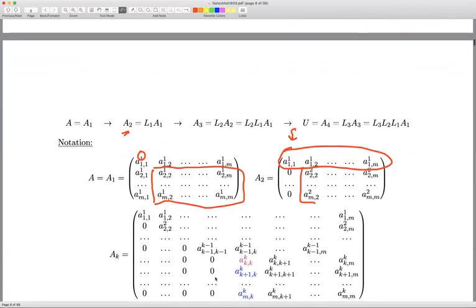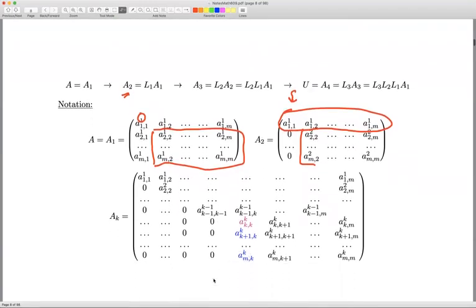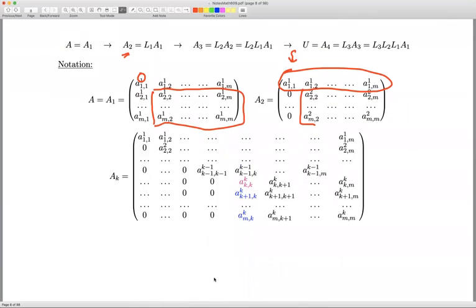And in general, at the kth step, the matrix Ak will have the following structure. It will have some elements on the main diagonal up to here. Then this will be the element AKK, which is called the pivot element.